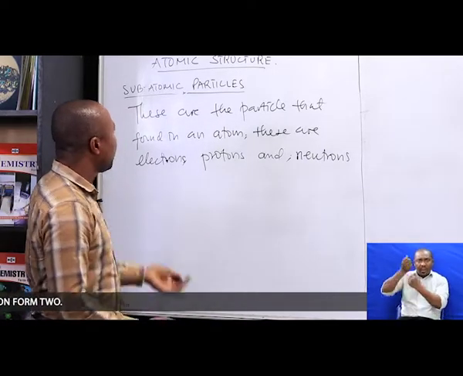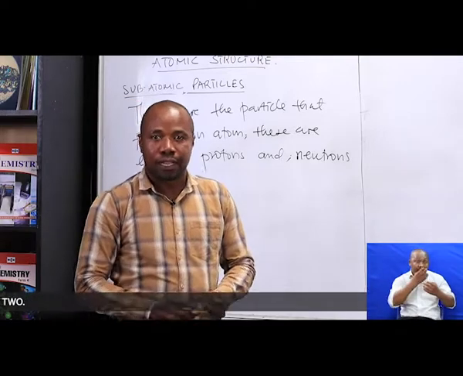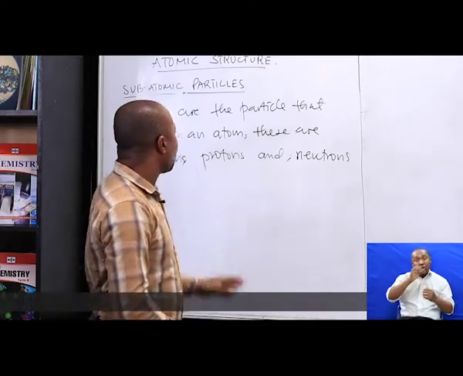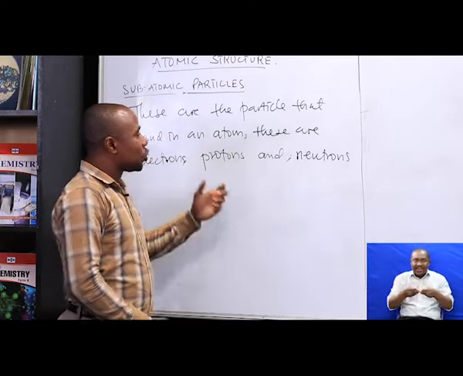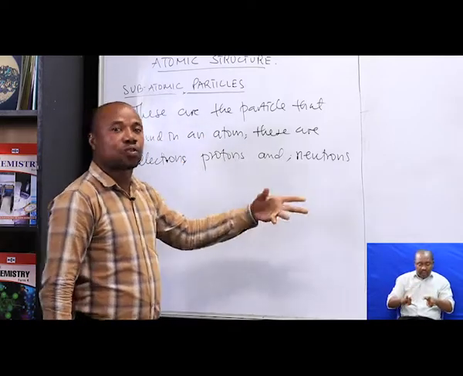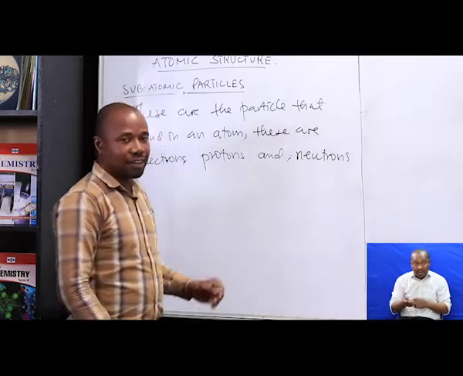Okay, let us see now where this particle come from. It was found within the atom, but this was not a simple thing to investigate and to see these particles.